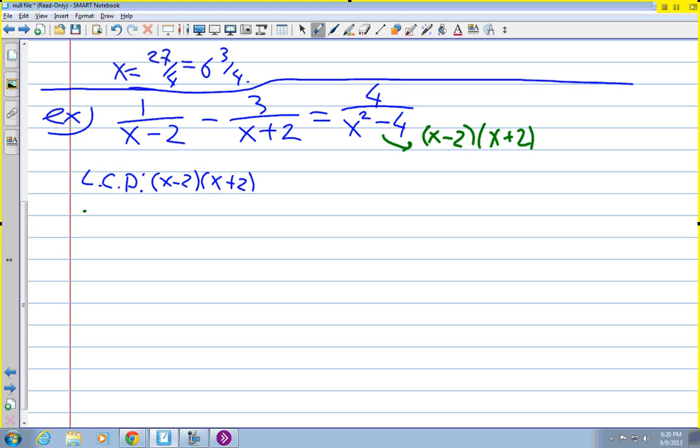And then we'll do the same thing. We'll multiply both sides of this equation by the least common denominator.